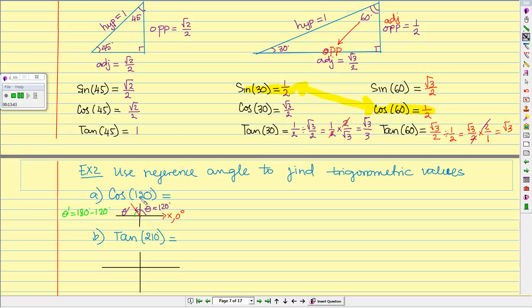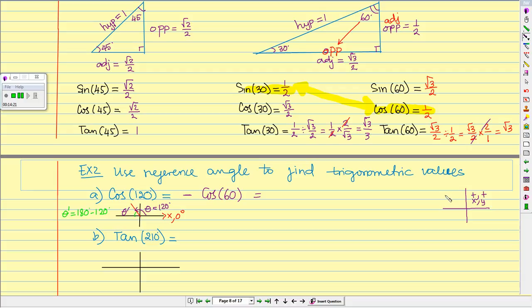So therefore we can make a note right here. Cosine of 120 will be equal to negative cosine of 60 degrees. Why do we put the negative sign? Because we are in quadrant number 2. In quadrant number 1, your x is positive, your y is positive.